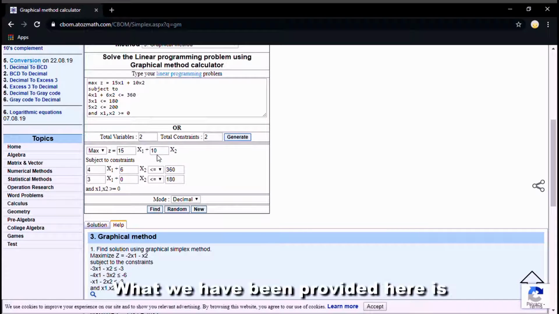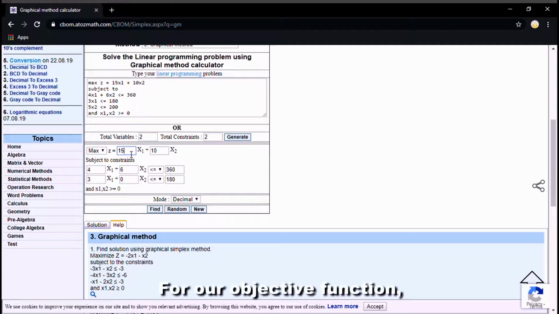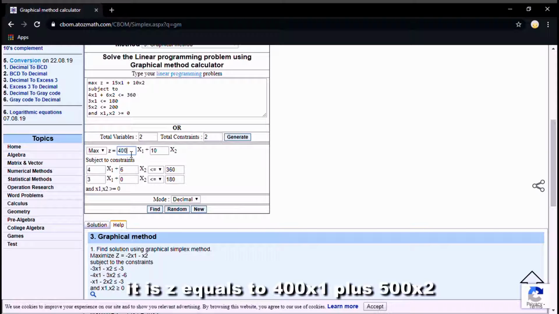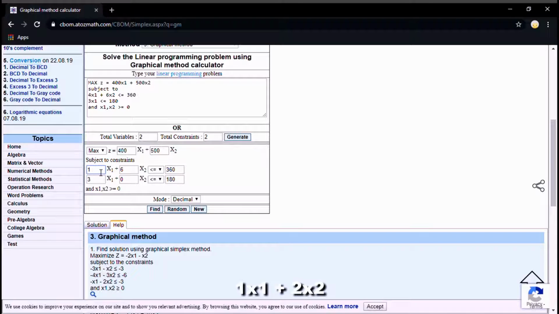Okay, what we have been provided here is some space to type in our objective function and our constraints. For our objective function, it is z equals 400x1 plus 500x2. For the first constraint, we type in 1x1 plus 2x2 less than or equal to 40.